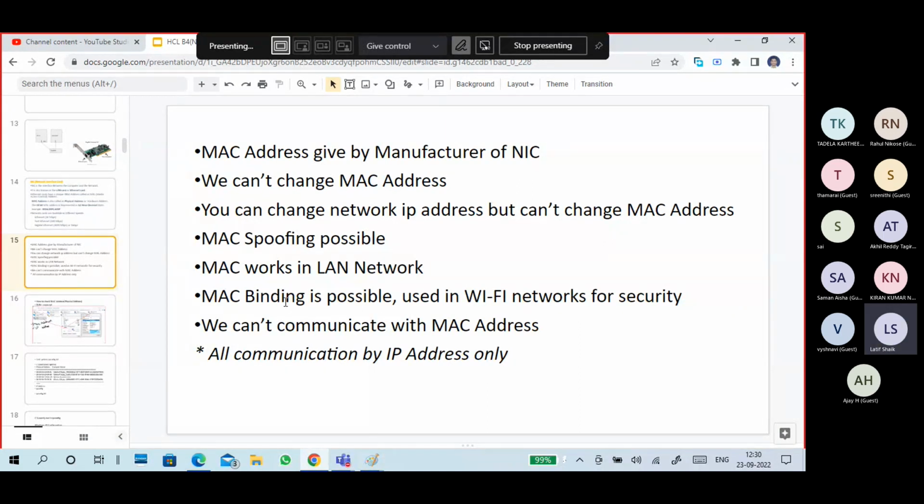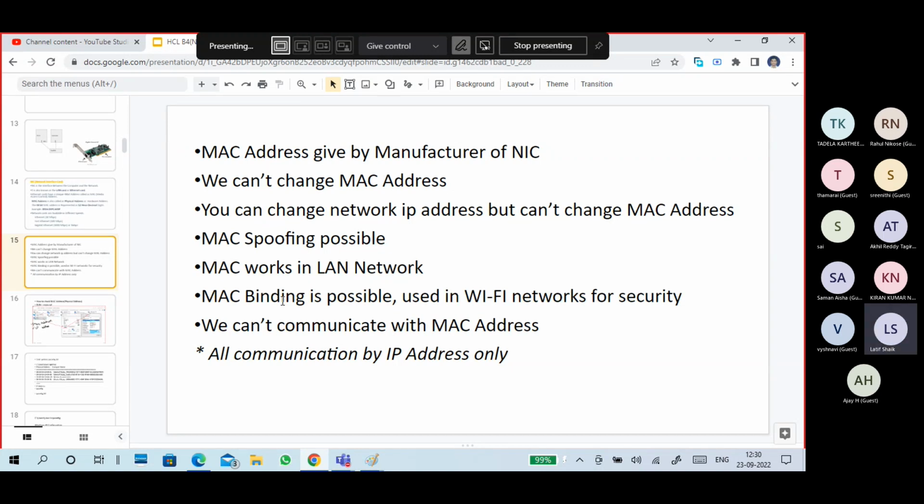MAC binding is also possible. MAC binding means a list of MAC addresses given in your Wi-Fi router. Whenever a client is trying to connect to your Wi-Fi, it will check the client's MAC address against the list. If it is there, it allows the connection.